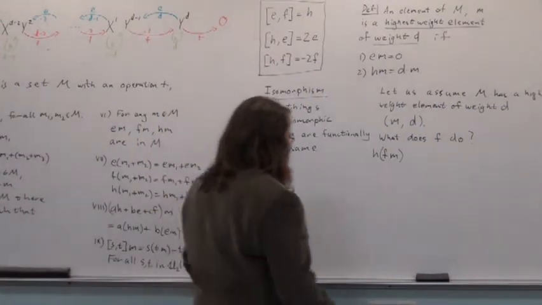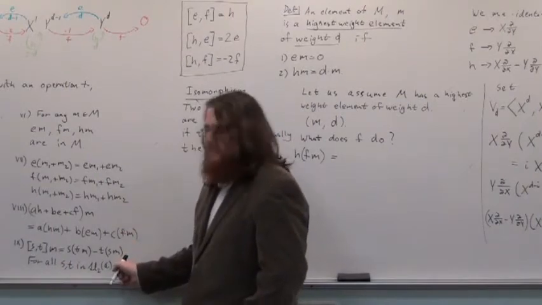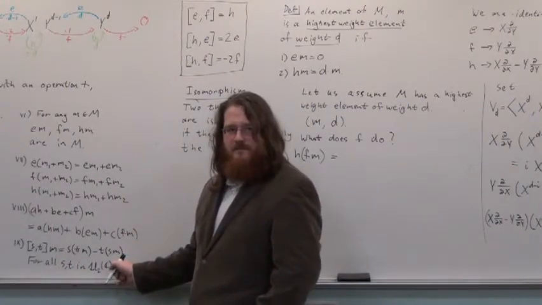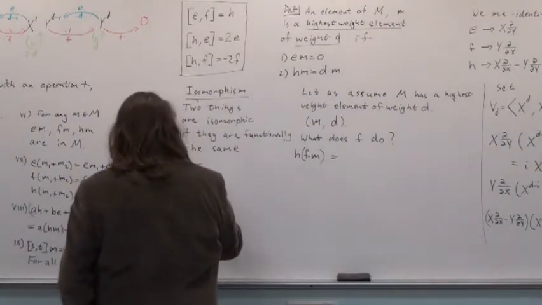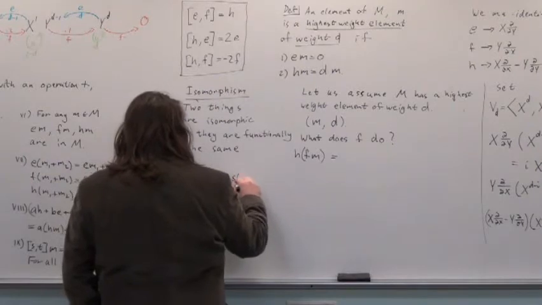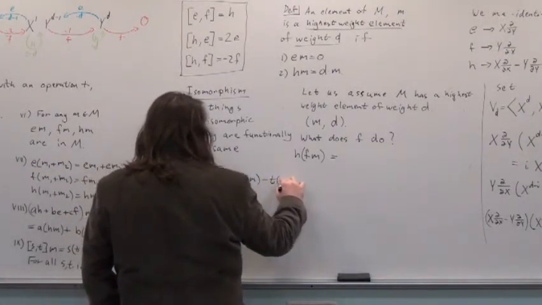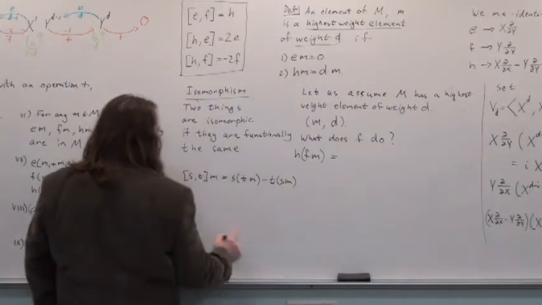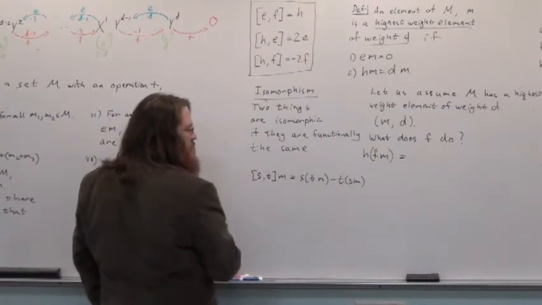Why? Well, let's rewrite this identity. So instead of writing bracket ST on M is equal to S on T M minus T on S M, we could instead bring one of these terms to the other side.